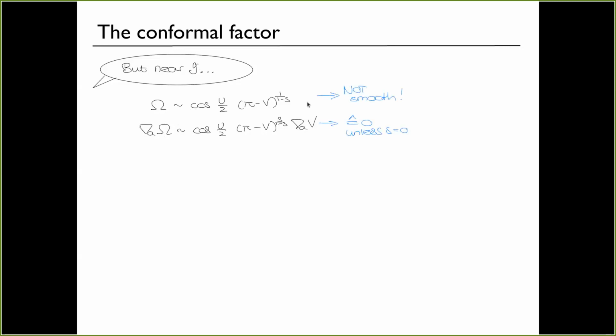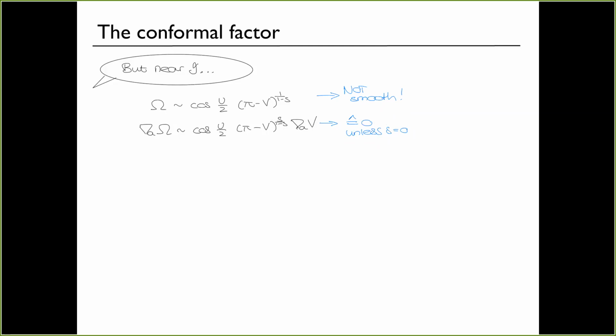So this is not smooth, unless s equals 0, of course, but anywhere in this range from 0 to 1, this is not smooth because of this fractional power. And this thing is in fact everywhere 0, unless s equals 0, but that was the asymptotically flat case anyhow, exactly because of this overall factor. So this seems worrisome.